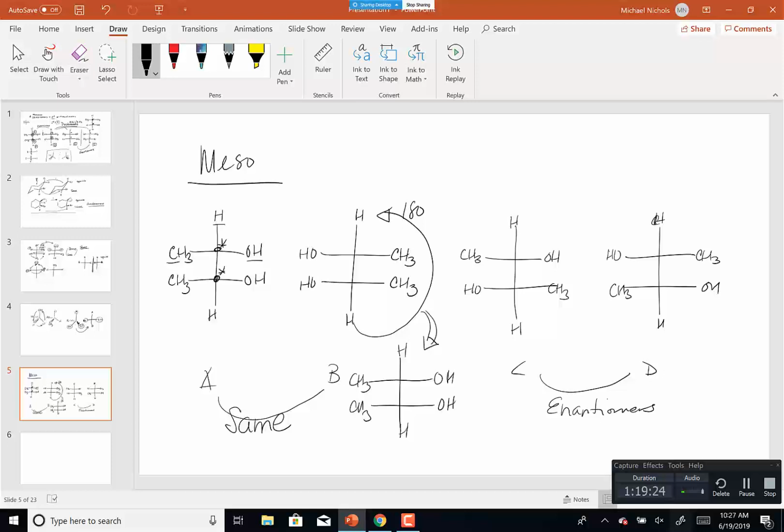Good question. So why are C and D superimposable? Are we agreed that if I try and take them and slide them this way, they're not? Okay. You want to rotate it 180 degrees? Let's rotate it 180 degrees. So this methyl group on top comes over here, right?